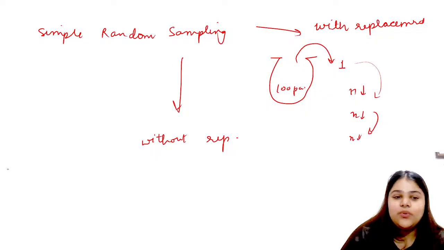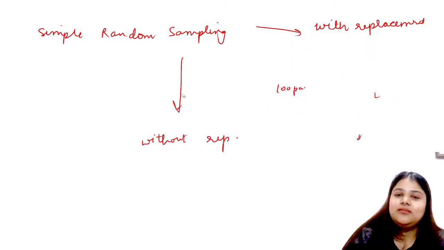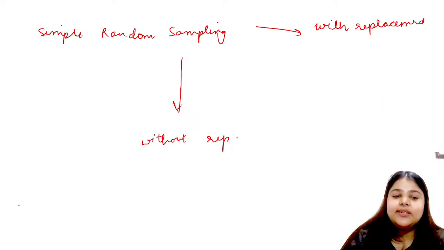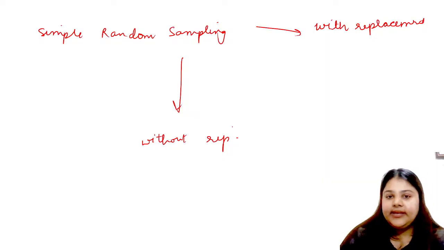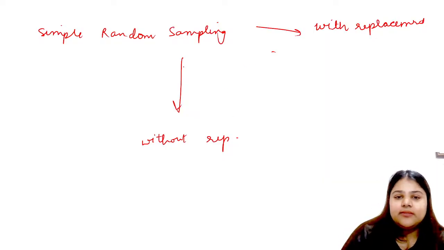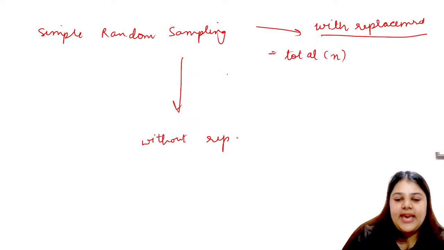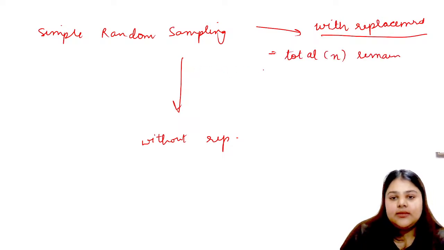That will happen. So in order to avoid that, we put the chit back in this with replacement type. We would like the total number of participants to be 100. So what is the speciality of this with replacement? The total n remains the same.